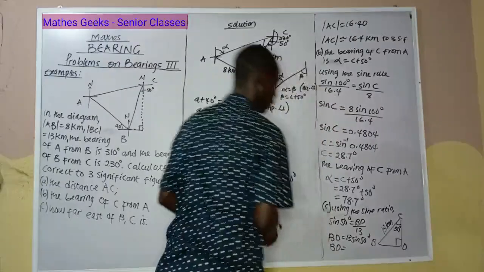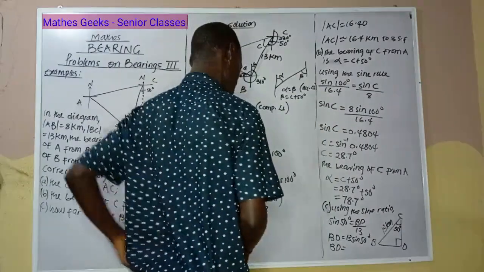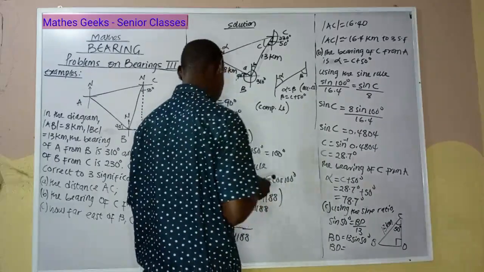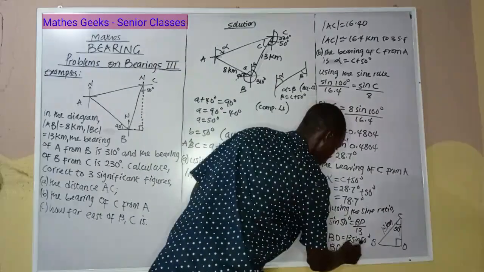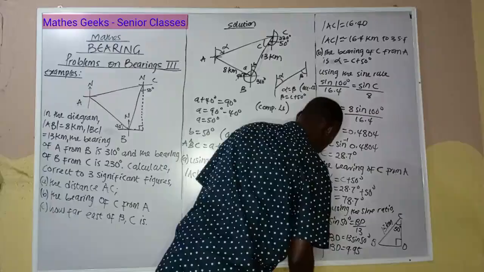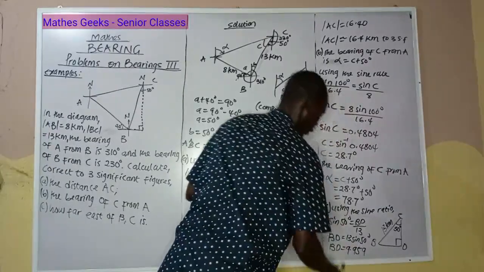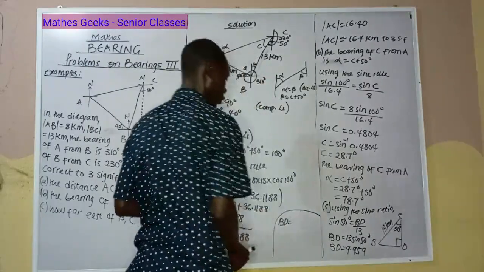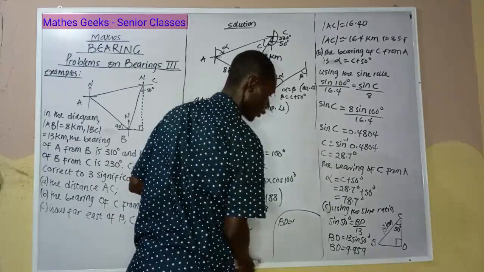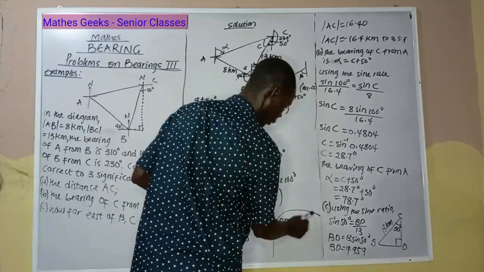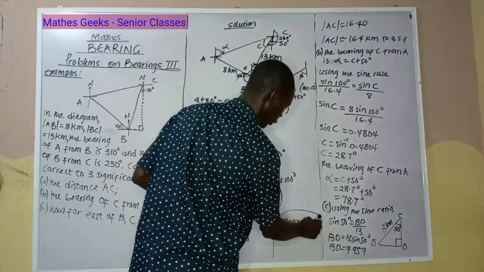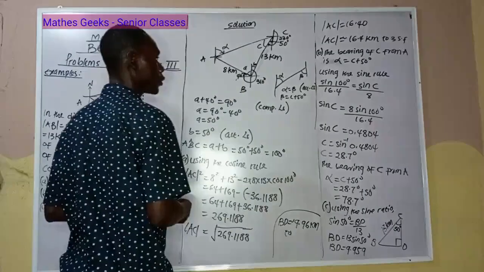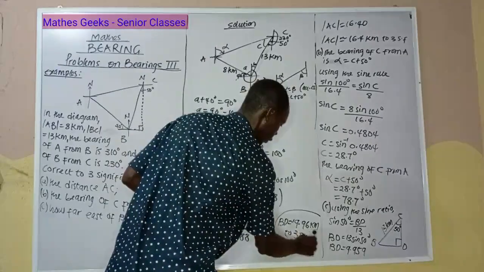BD is equal to 9.959, so BD is approximately 10, okay, 9.96 kilometers to 3 significant figures.